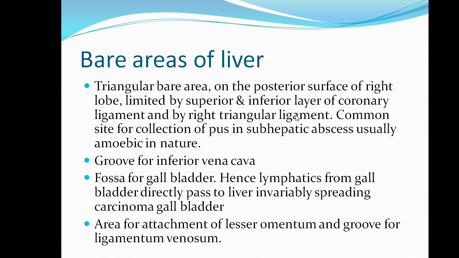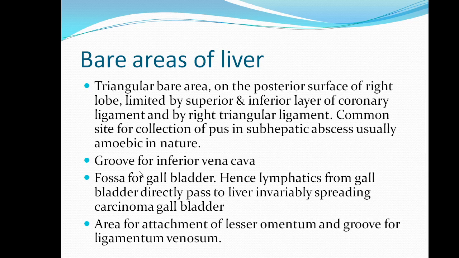Developmentally, the liver grows superiorly much faster and comes in contact with the septum transversum, which develops later into the diaphragm. So the liver lies in direct contact with the diaphragm. So this bare area is the common site for the collection of pus in the subhepatic abscess, and this hepatic abscess is usually amoebic in nature.